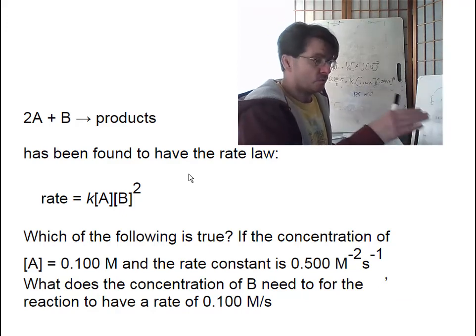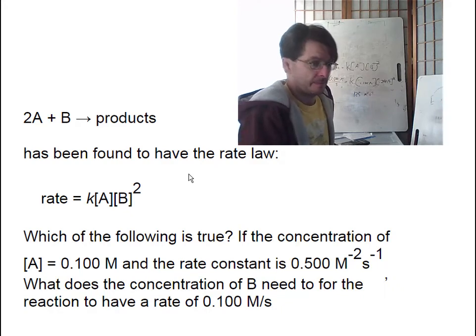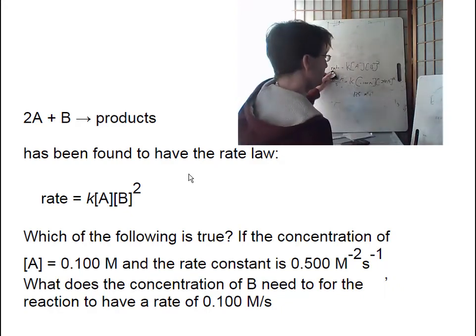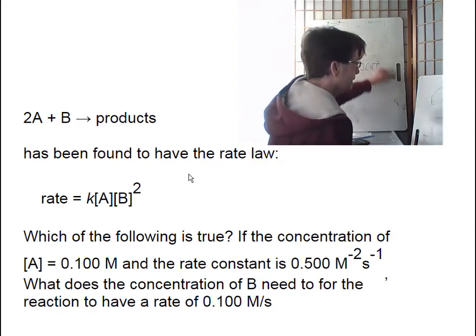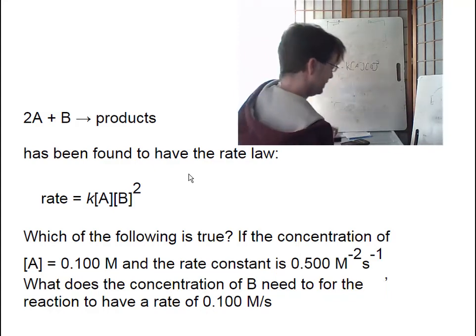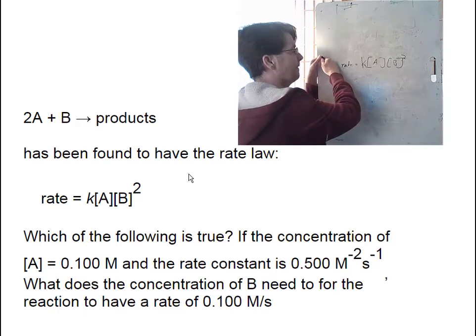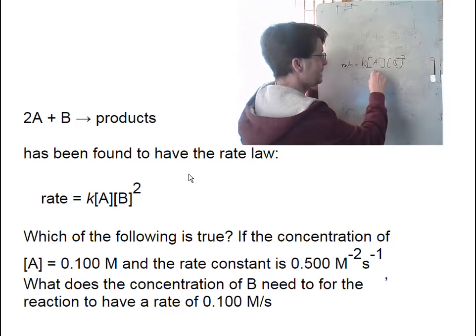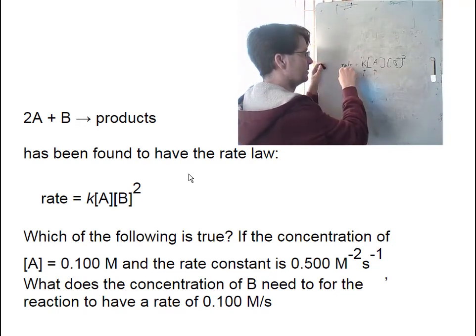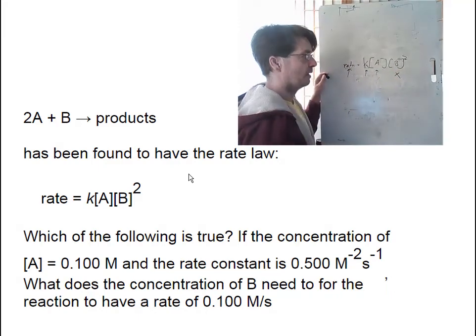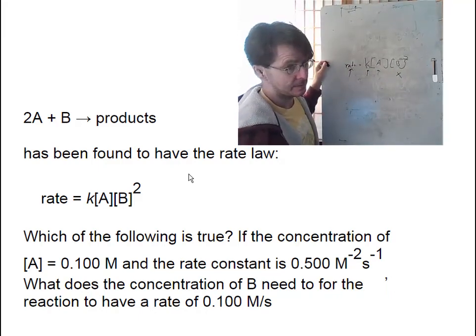We're trying to shoot for a 0.1 molar per second rate. Once again, we're given 3 out of 4 of the variables. They tell us what A is, they tell us what the rate constant is, they tell us what the rate is. All we have to do is solve for B in this case.